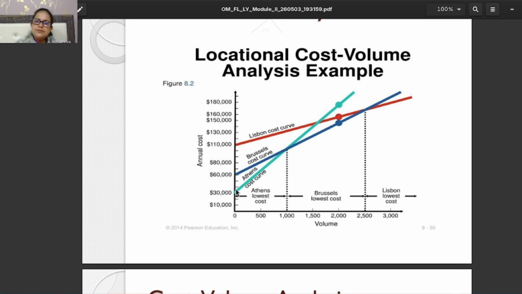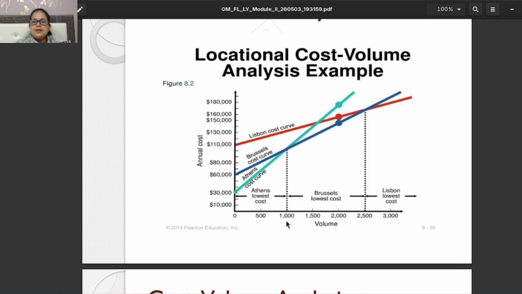If we are producing 1000, our cost is this one. This is the cost curve for Athens. Up to 1000, Athens is good, because these two are on the higher side.